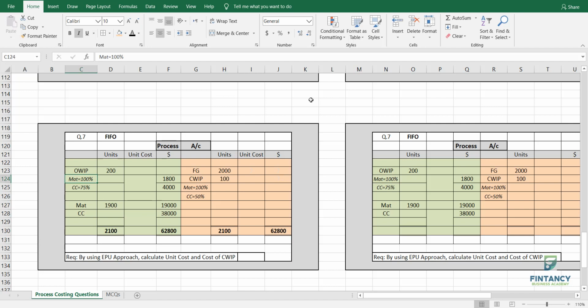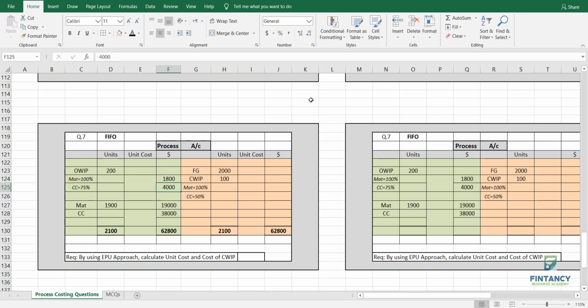Okay. So my friends, again, examiner will give you a paragraph. He will say, during the month, opening units from the previous month, definitely 200, which are 100% complete as per material. So you will write like this, 75% complete as per conversion cost. The relevant cost of material is 1800 and 4000 for CC. Full stop.